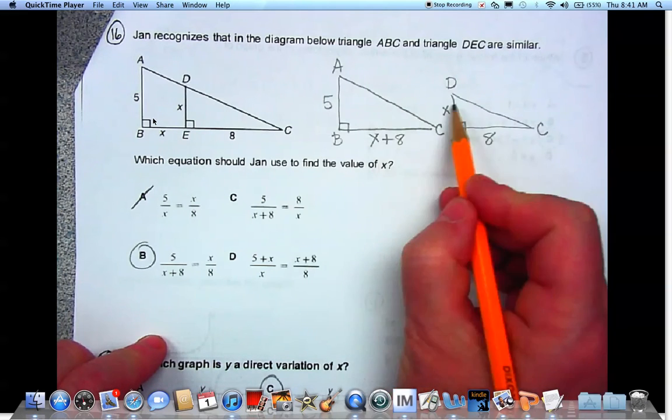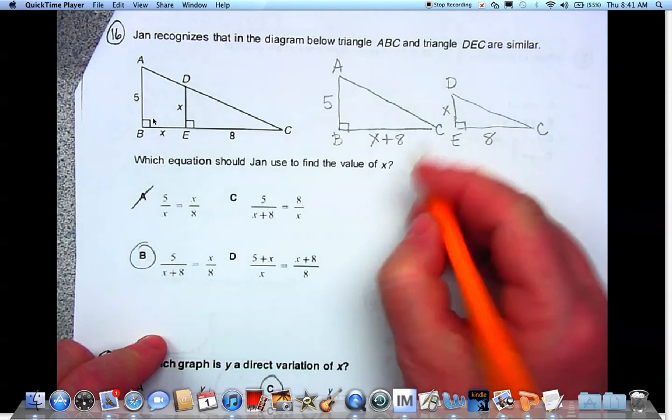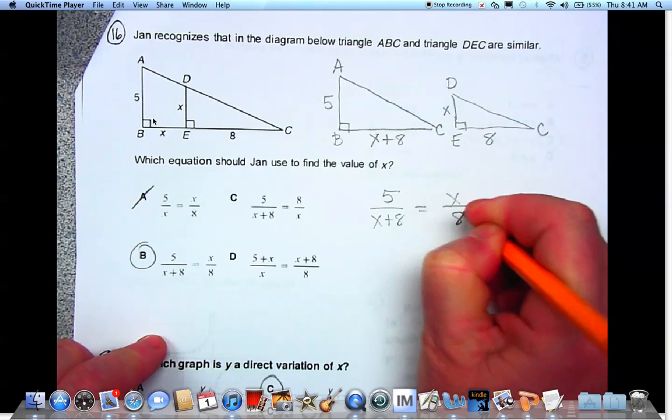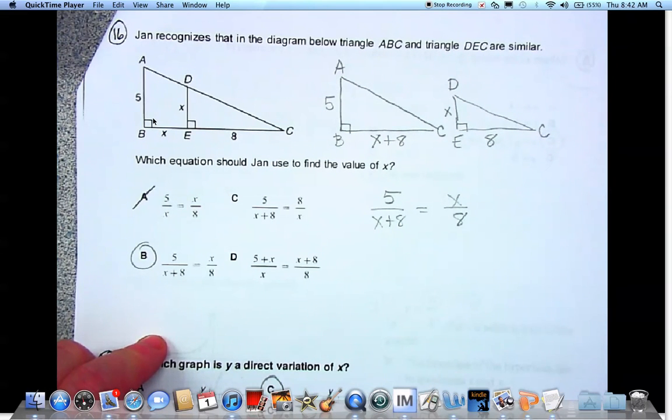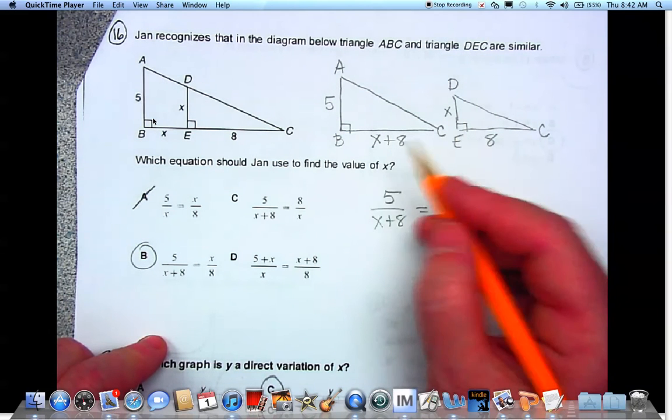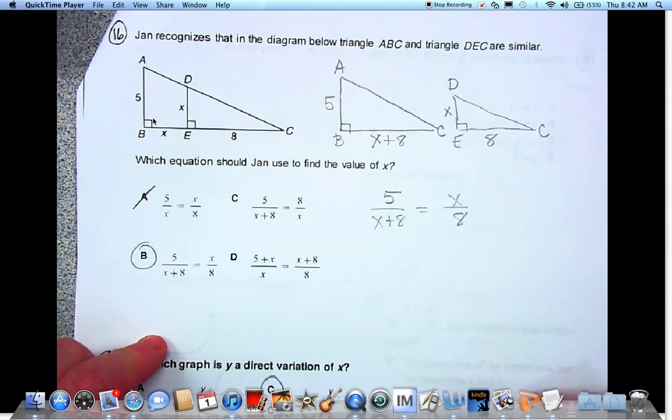These go together and these go together, right? Is it bothering you that we're not doing 5 over x and x plus 8 over 8? It's the same thing though.